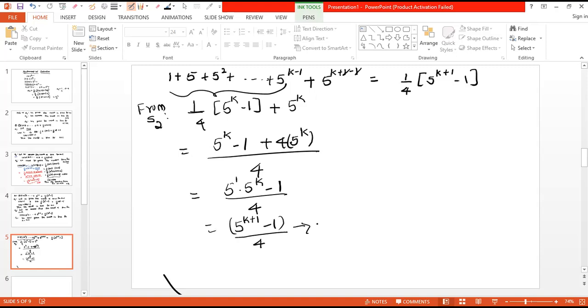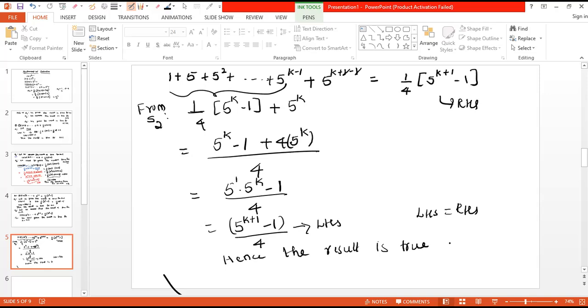So this is your LHS and this is your RHS. If you observe both, then your LHS and RHS are the same. Hence, you can conclude that the result is true for n equal to k plus 1, and thus the result is true for all positive integers, for all n.